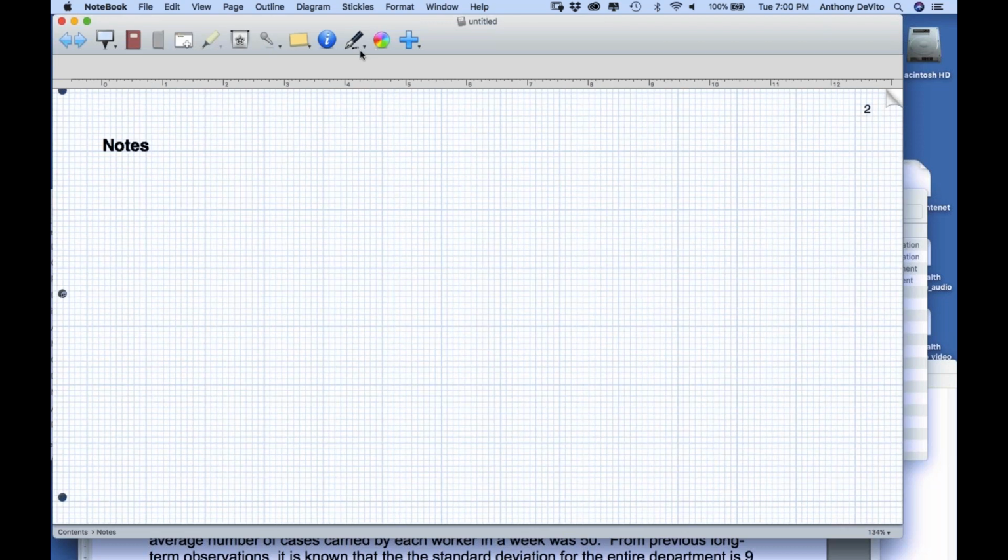So let's do an example here. Let's say I take a sample from a population, and that's 64 people that I sampled. Now I know that this population has a standard deviation of, let's call it, 8.